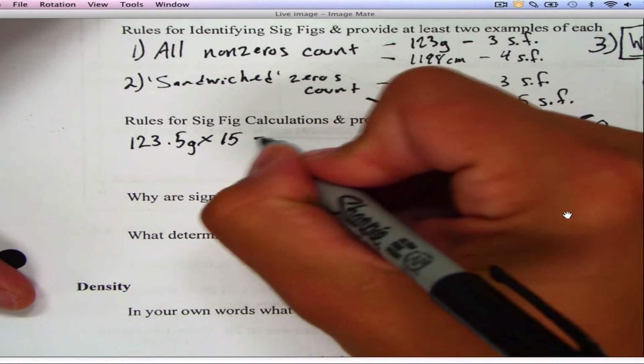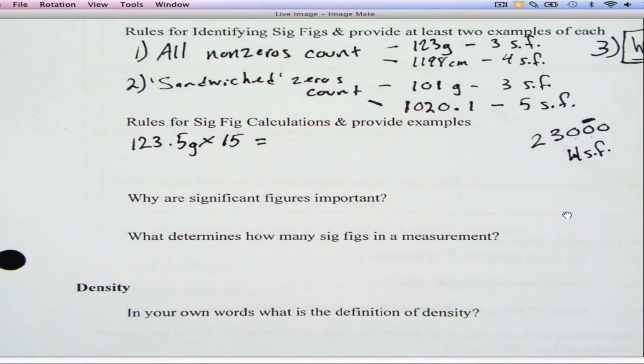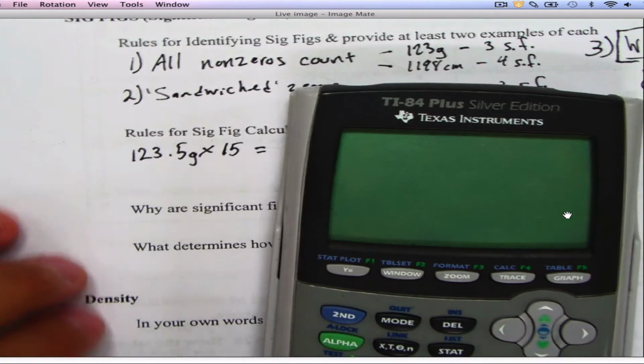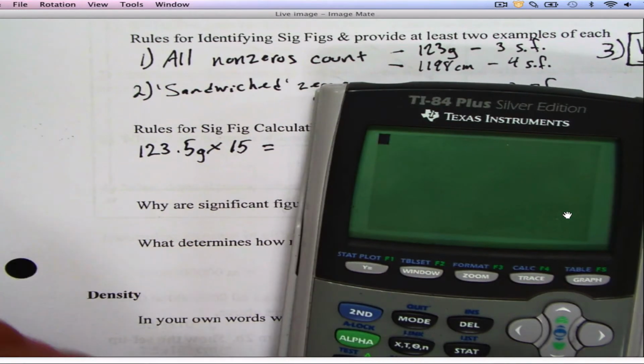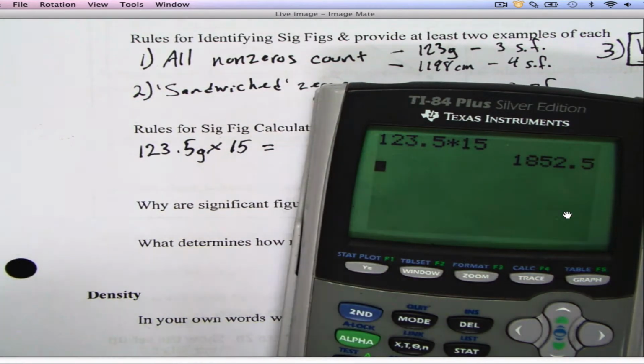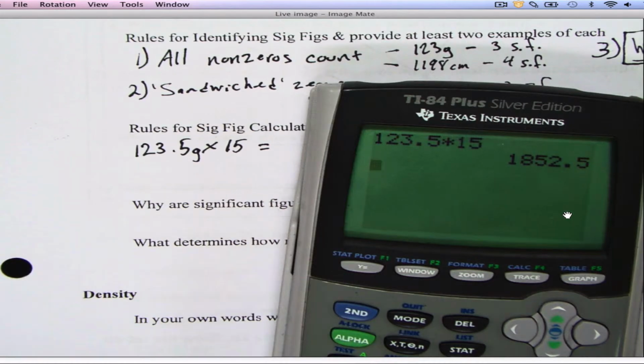All right. So here's how it works out. You get your calculator out. Here's my calculator. Way to go, Texas Instruments. 123.5 times 15. That's my calculator answer. Hopefully you can see that all right. The 1852.5. That's my calculator answer.